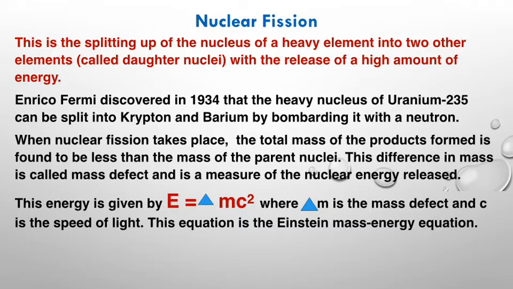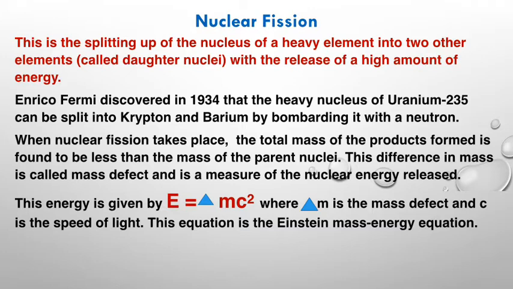So, in other words, when we split uranium-235, that is quite heavy, into two daughter nuclei, krypton and barium, if we add up the two masses of the krypton and barium, it will still be less than the mass of uranium. That difference is what results in the nuclear energy you are able to get from that nuclear fission reaction.